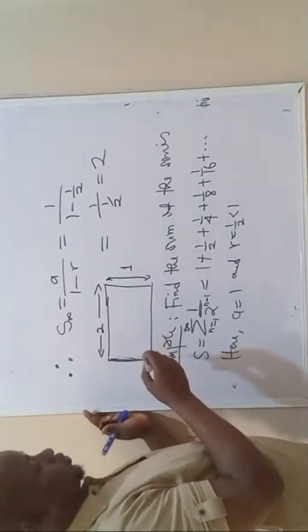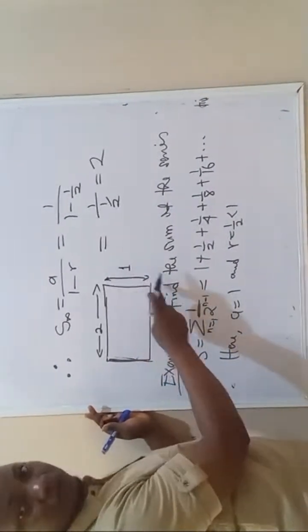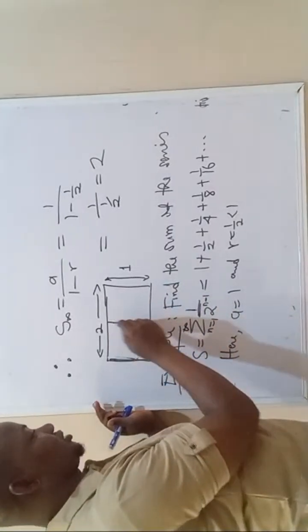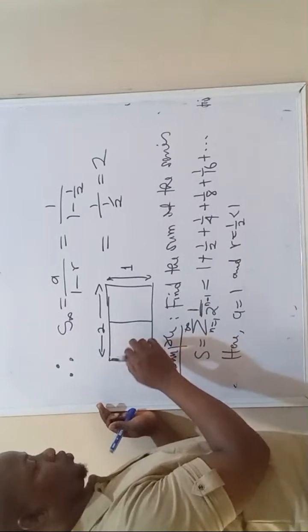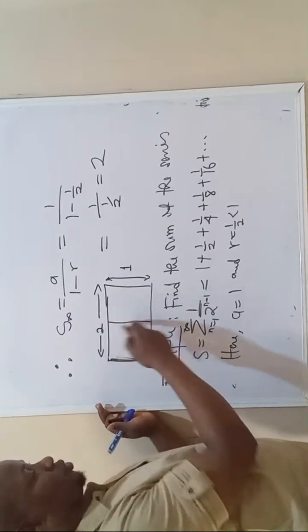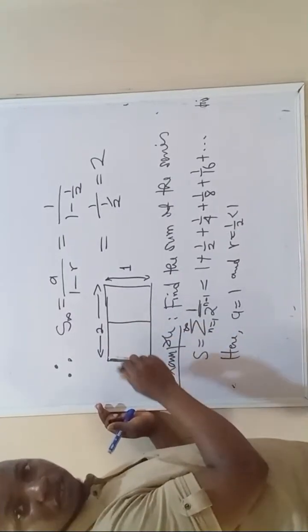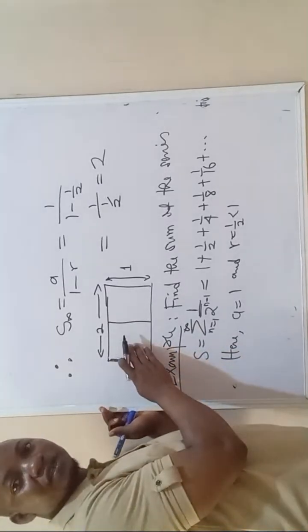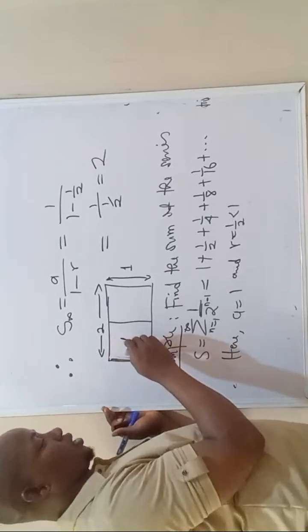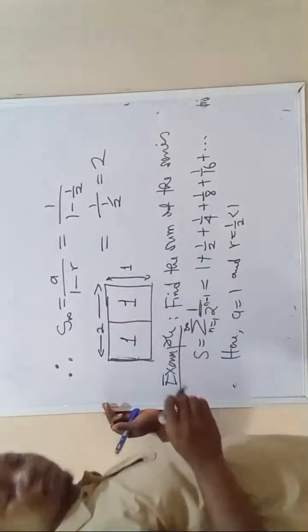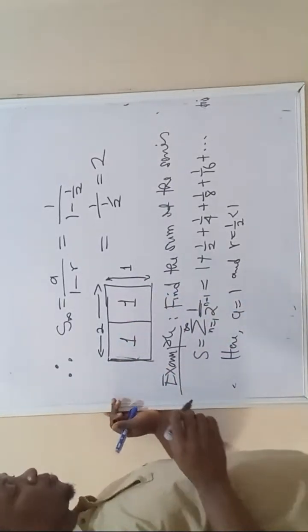So you see that if from here to here is 2 and from here to here is 1, we can divide this into this, so that all the sides of this will be 1, 1, 1. So if you take the square of this, this is nothing but a 1, and this is also a 1, so that's the square.